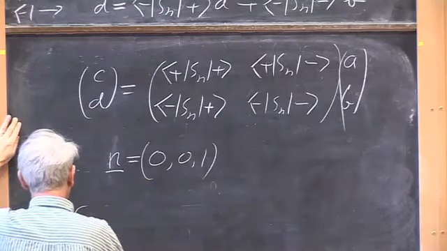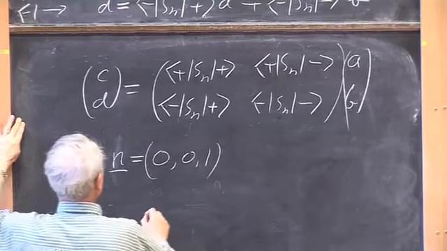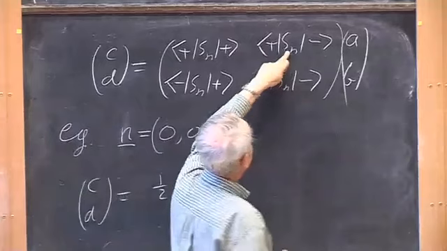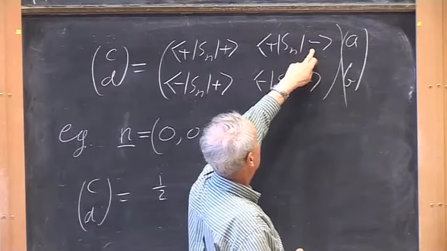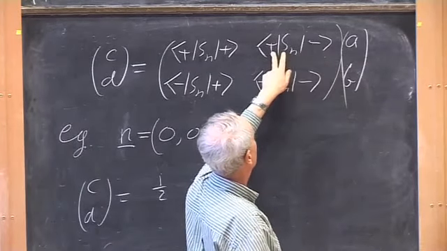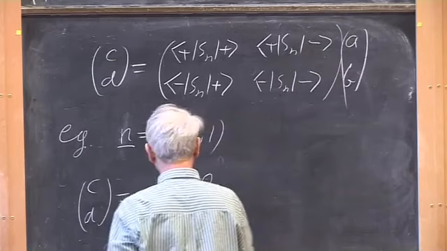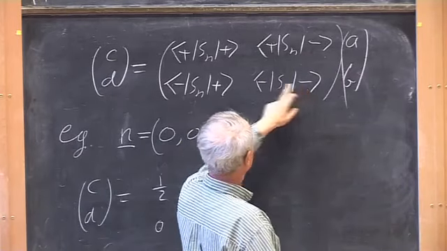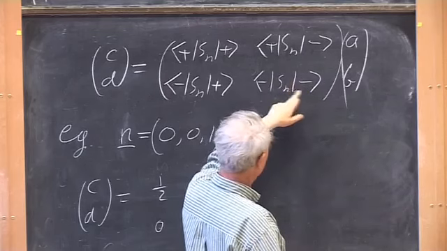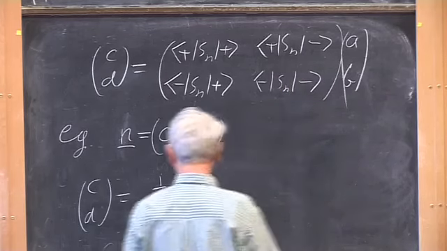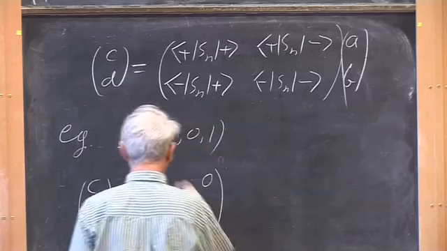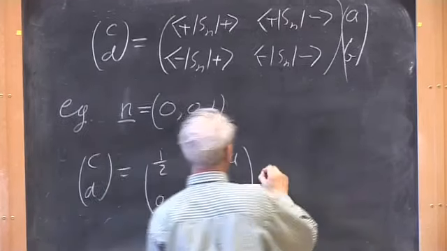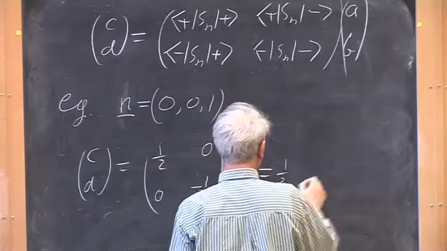Then c, d is equal to a half. Sz on minus is minus a half times minus, but the plus is orthogonal to this, so we get a 0. And Sz on this is minus, so this one is minus a half of minus, so this thing evaluates to minus a half.